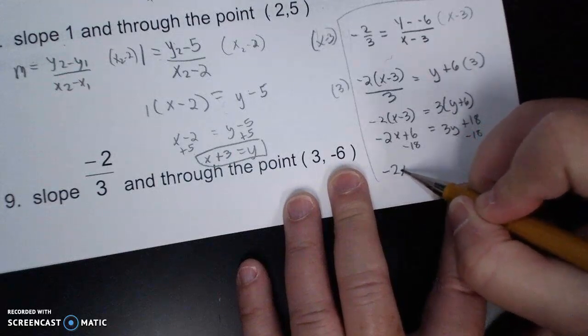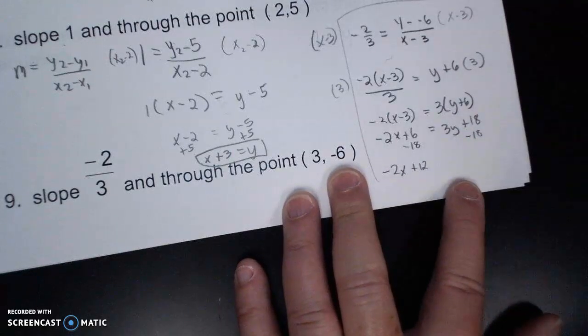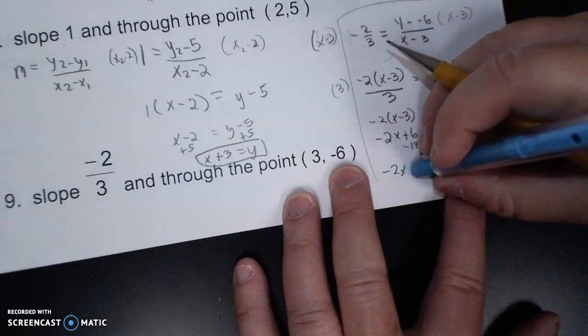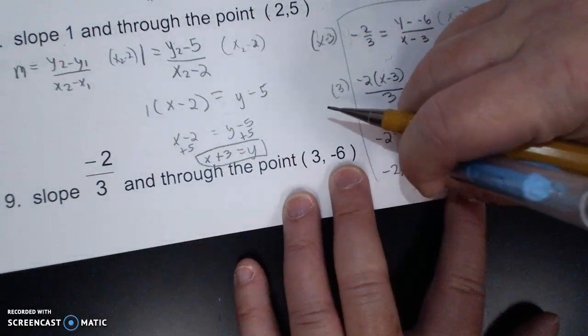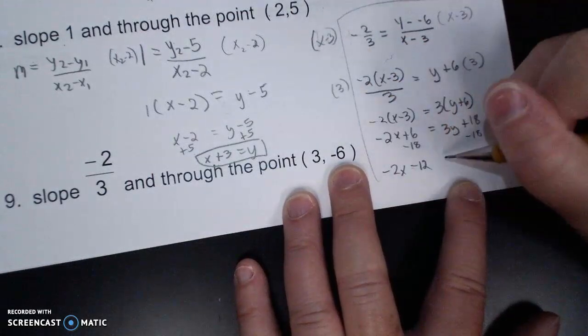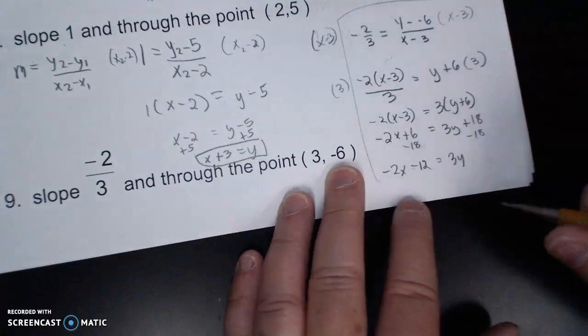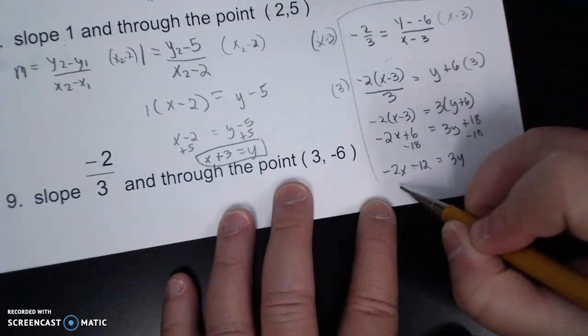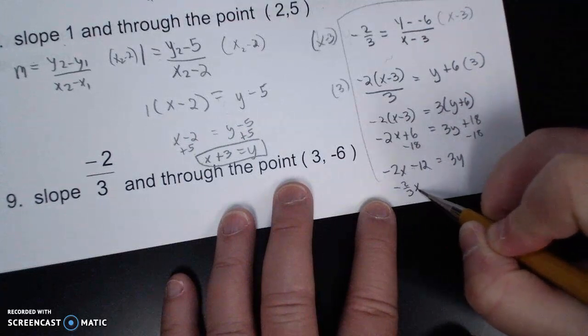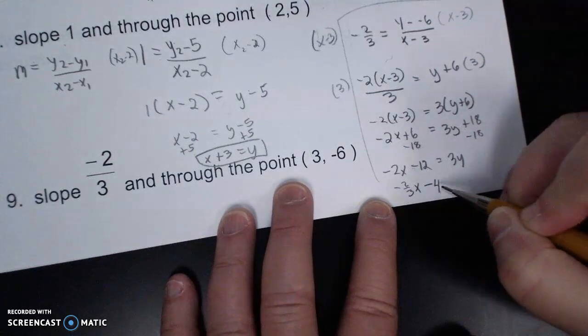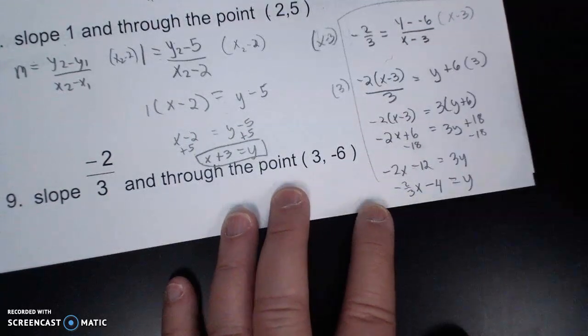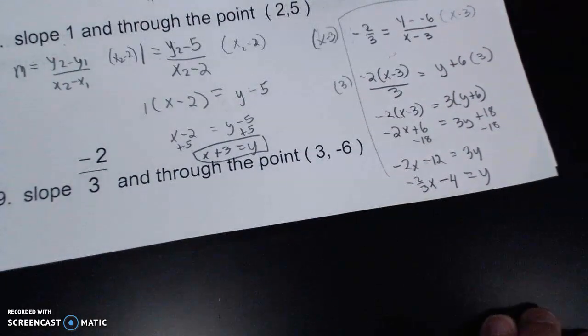I get negative 2x minus 12 equals 3y. Divide everybody by 3. Negative 2/3 x minus 4 equals y. That is the end of page 3.